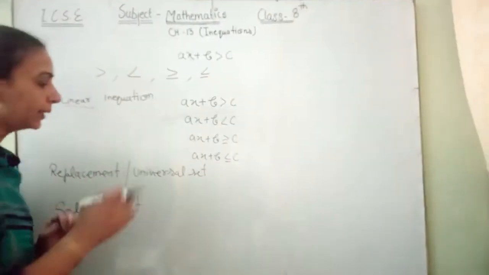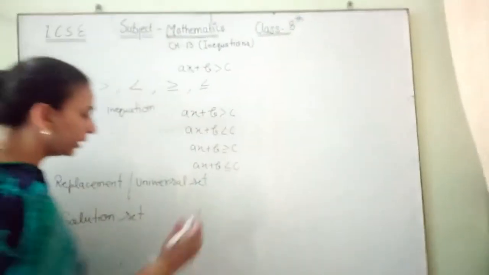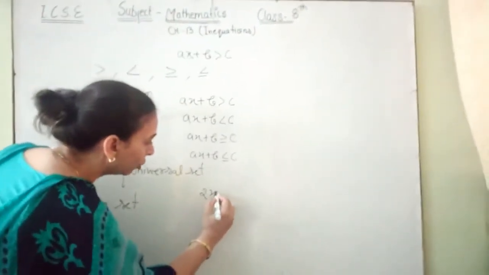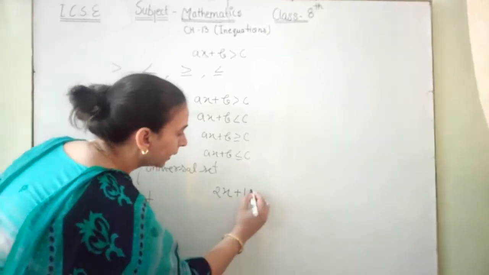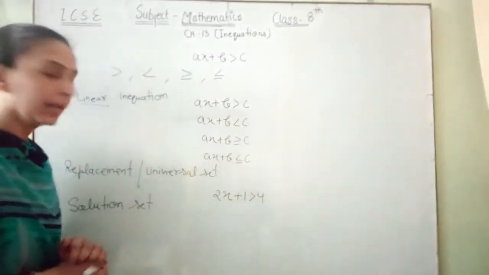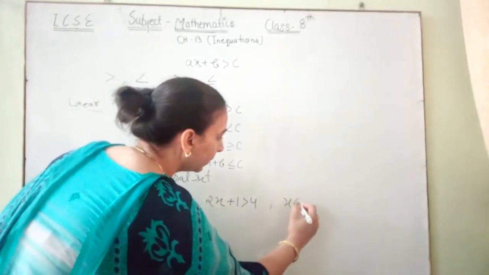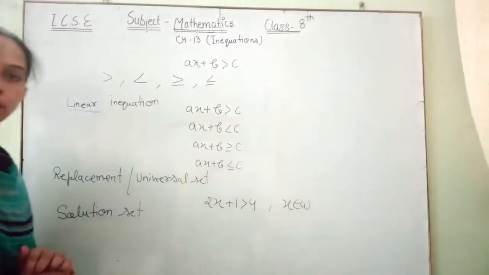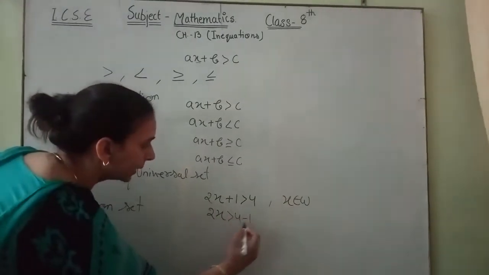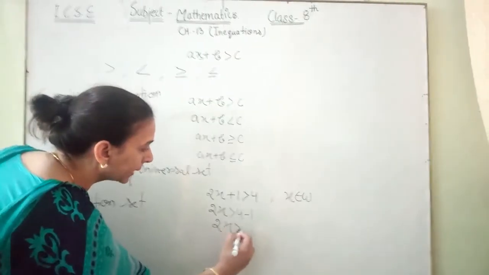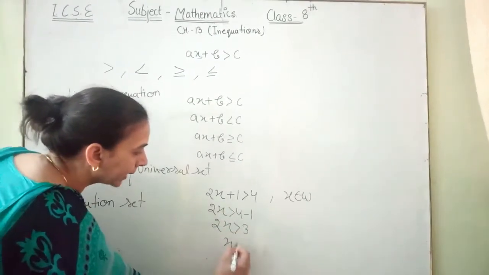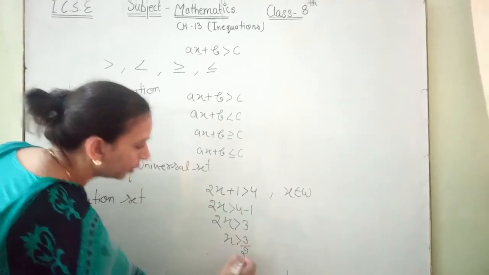For example, students, if we take the inequation 2x plus 1 greater than 4, and we take the set of whole numbers, that means x belongs to W, whole numbers, then first we solve: 2x greater than 4 minus 1, 2x greater than 3, and x greater than 3 by 2.